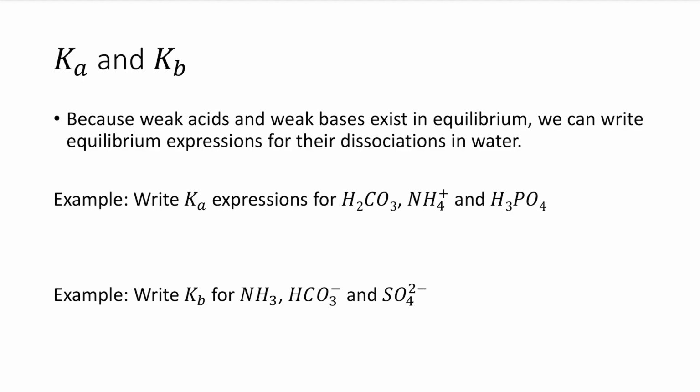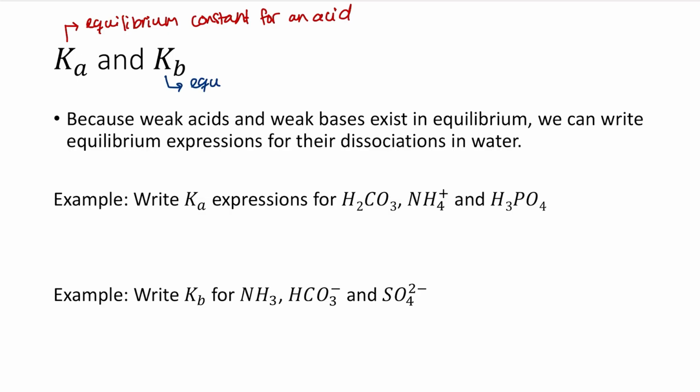Ka is the equilibrium constant for an acid. Little a just means acid, and Kb, yep, you got it.